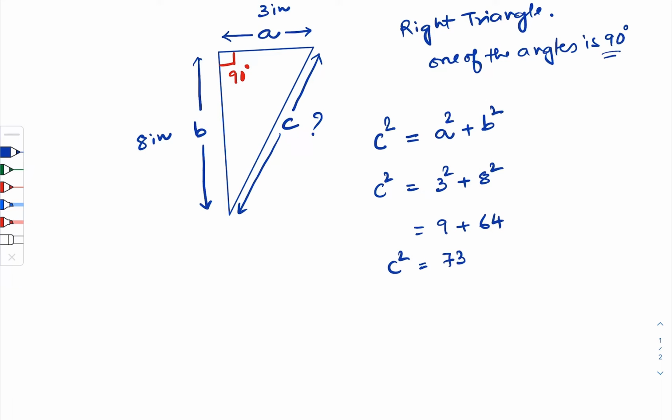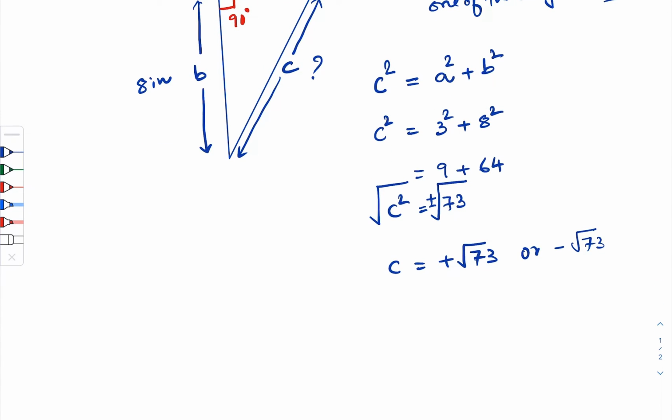So what is C equal to? So I just take the square root of both sides. And as I said previously, when I take the square root of both sides, I get two answers, one positive and one negative. So C is equal to either positive square root of 73 or negative square root of 73.